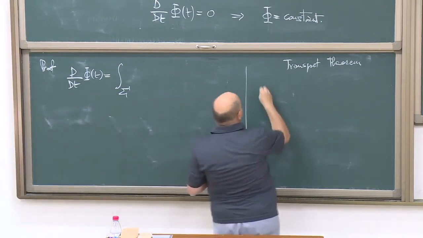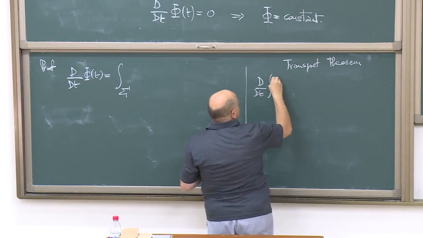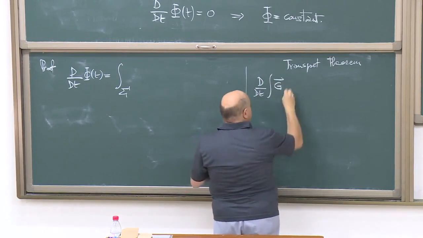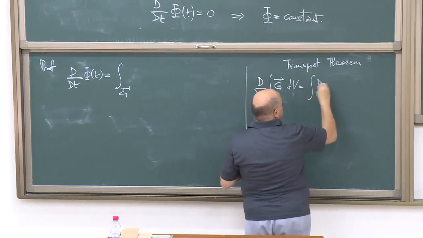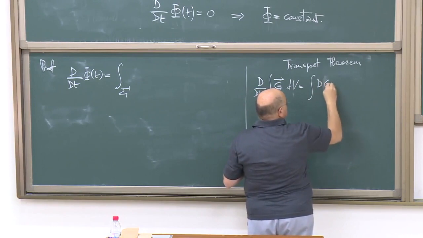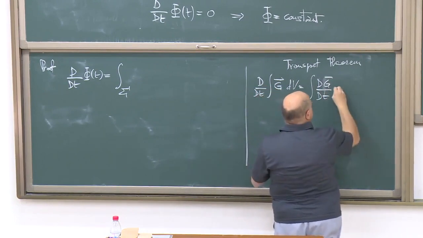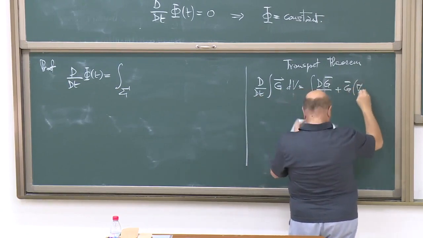This is just the total derivative D Dt of the integral of g in dV. This is the total derivative of g, D g Dt, plus g div u.